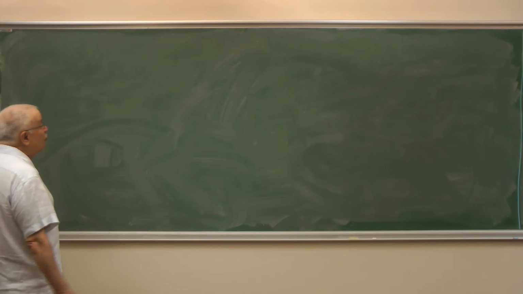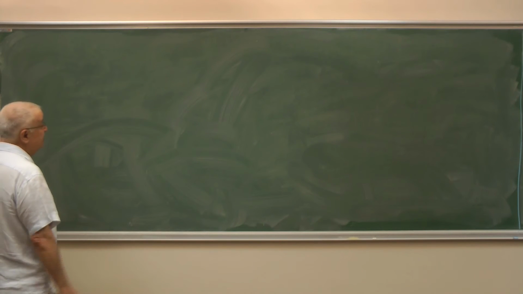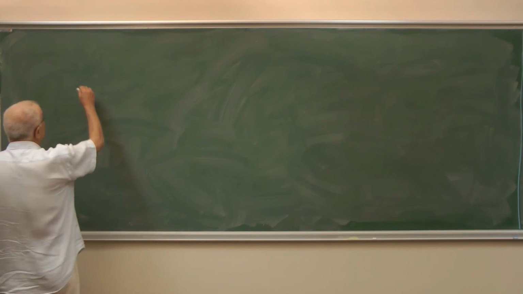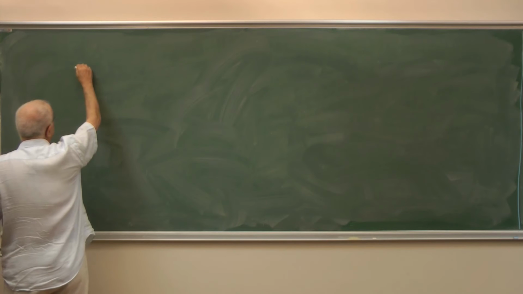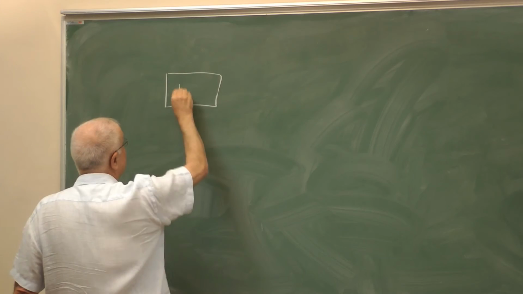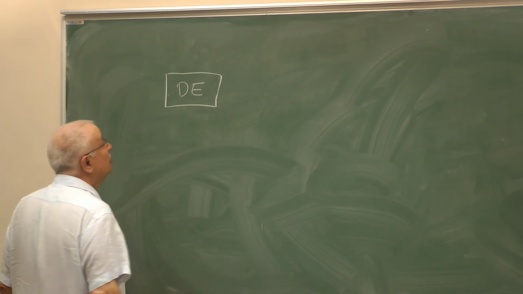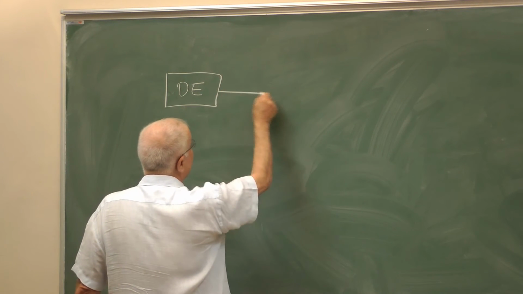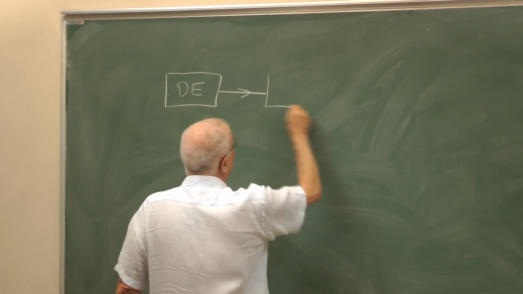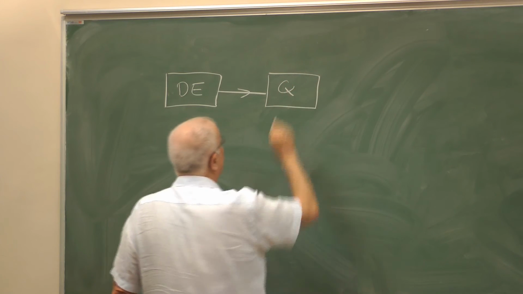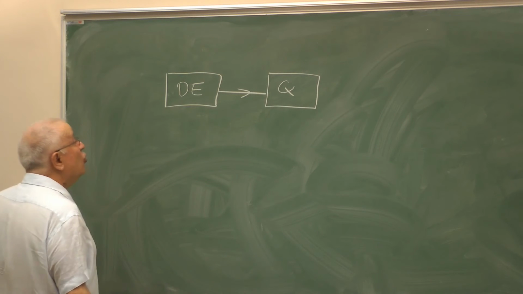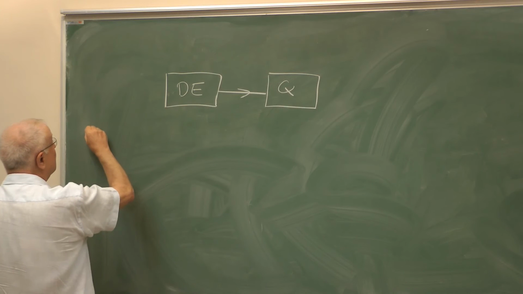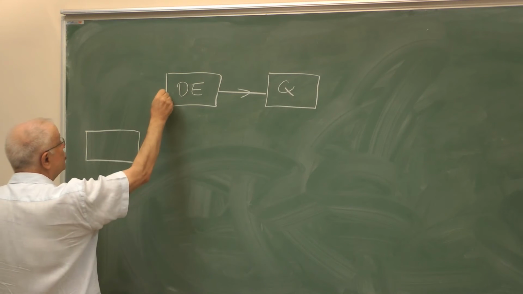Now we are ready for an overview to summarize what we know and what we do not know. We start with our differential equation. We can, just by looking at the differential equation, observe the inhomogeneous term, no problem. Also, we can directly derive from the differential equation the Wronskian.